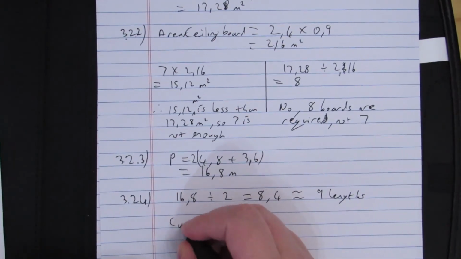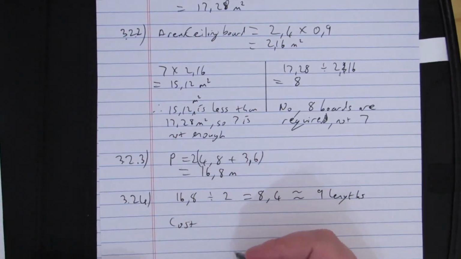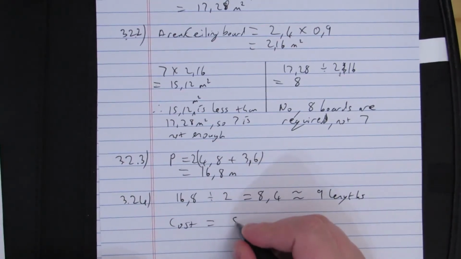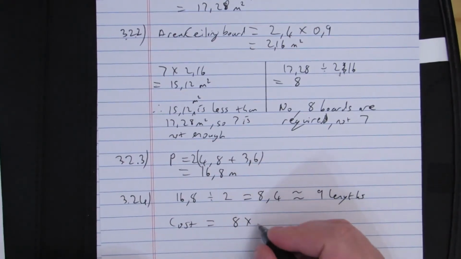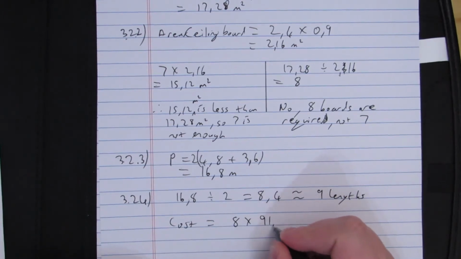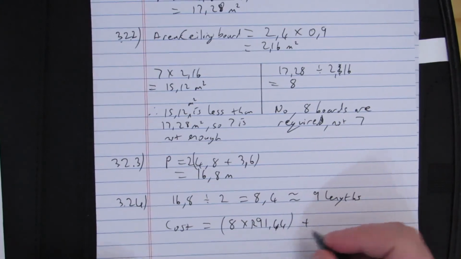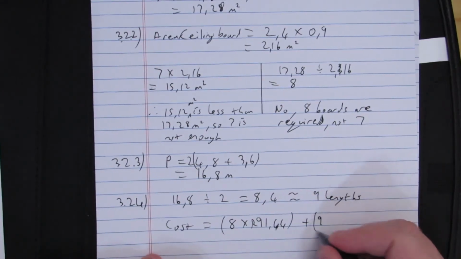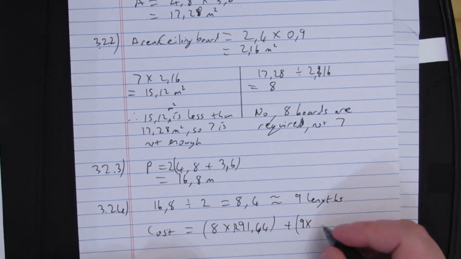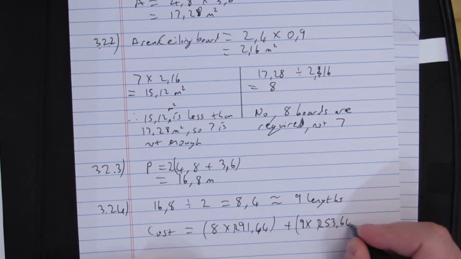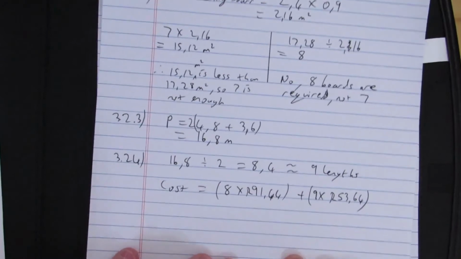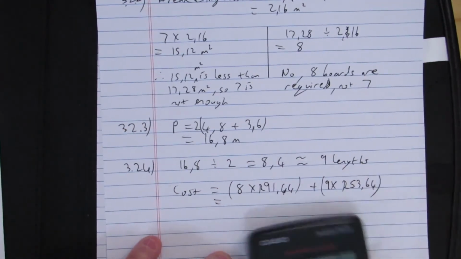So the cost will be, we've already figured out we need 8 seating boards. Okay, so we'll have 8 times the seating board cost of 91 Rand 44, and we will have 9 times the cost of the cornicing at 53 Rand 64 per 2,000 millimeters.